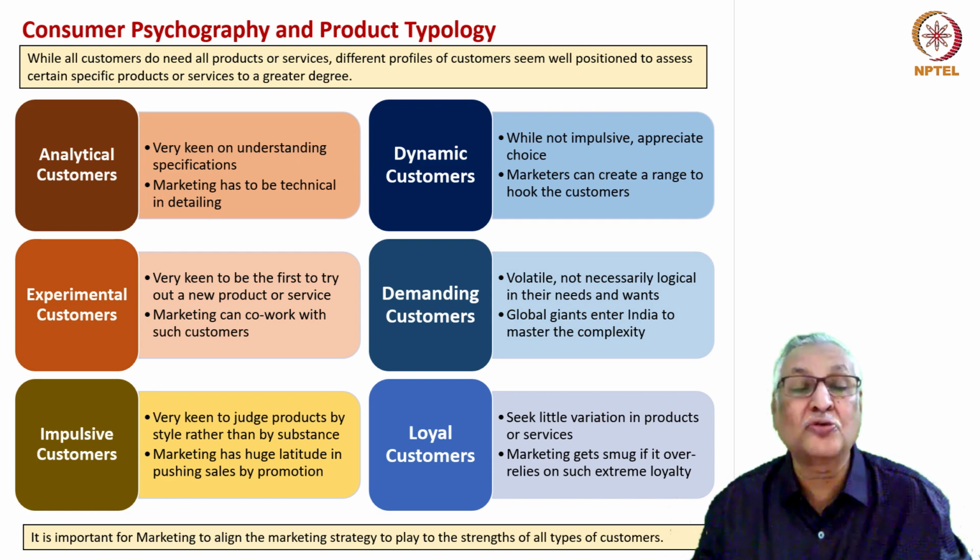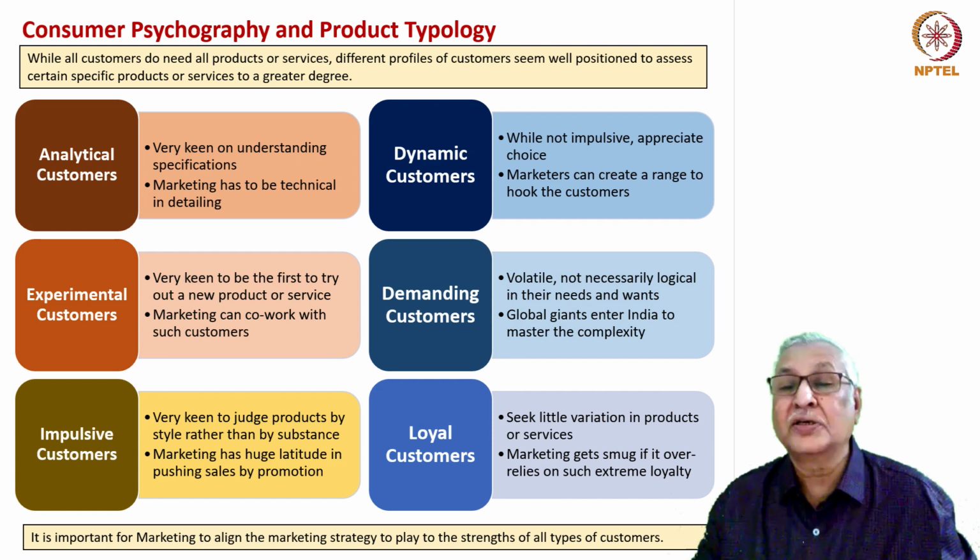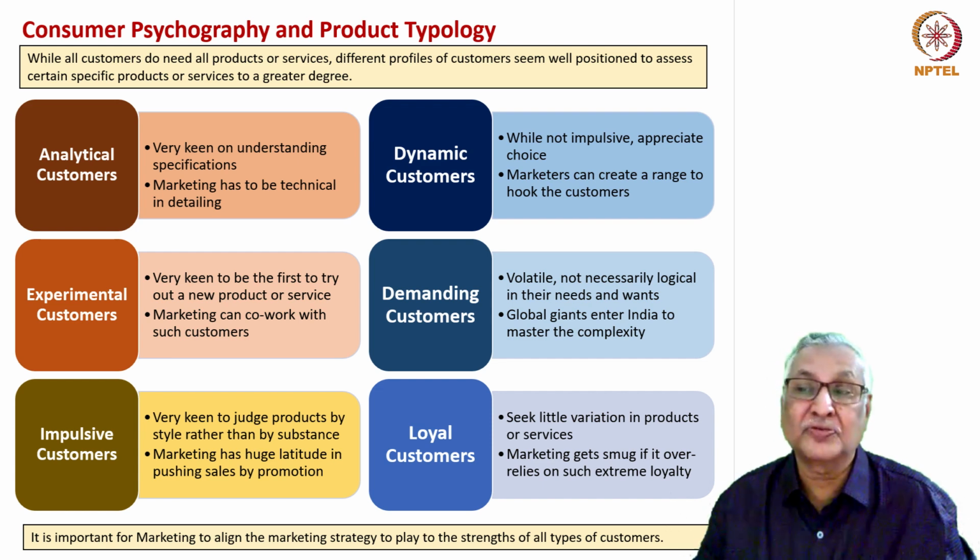Therefore, marketing can co-work with such customers, take them as early testers, and bring them on board very easily. The impulsive customers are very keen to judge products by style rather than by substance. Marketing has huge latitude in pushing sales by promotion for such impulsive customers. Dynamic customers are not impulsive, but they appreciate choice.